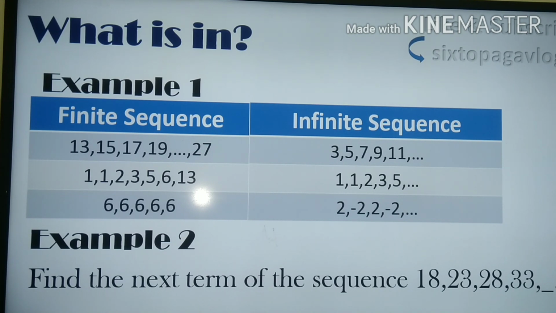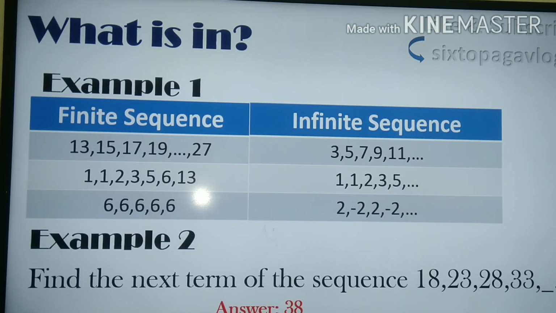So 18 plus 5. So 23, then 23 plus 5, 28. So it means, so adding by 5, okay, in every element. So 33 plus 5, so the answer now is 38. Okay, the answer is 38 in example number 2. So this is one of the questions given when discussing about sequence.